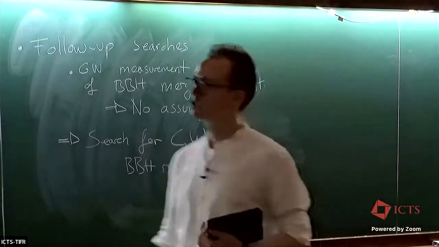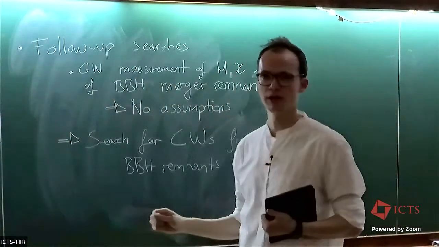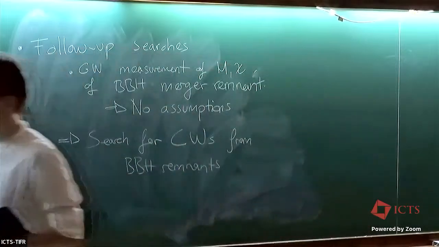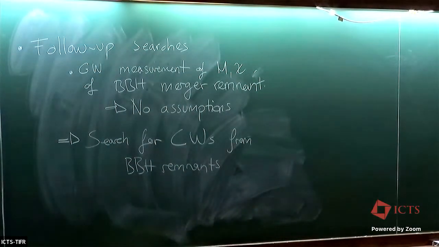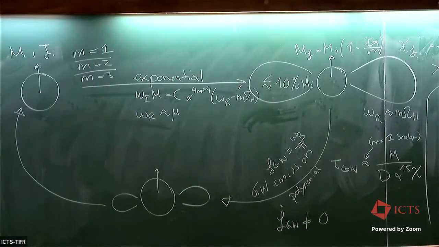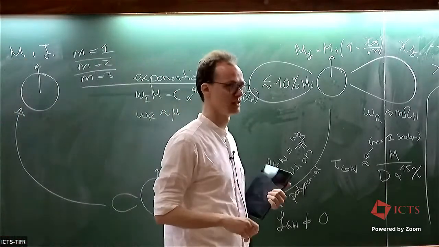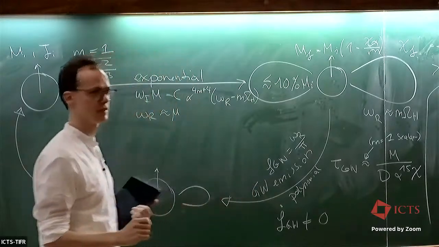And of course, since we know the mass of the black hole, and we then assume a boson mass, we know exactly how long it will take for the superradiance cloud to grow. So we can predict exactly this number. And so we can say, okay, we have this merger, and then let's say 10 days later, we need to look at that point in the sky.